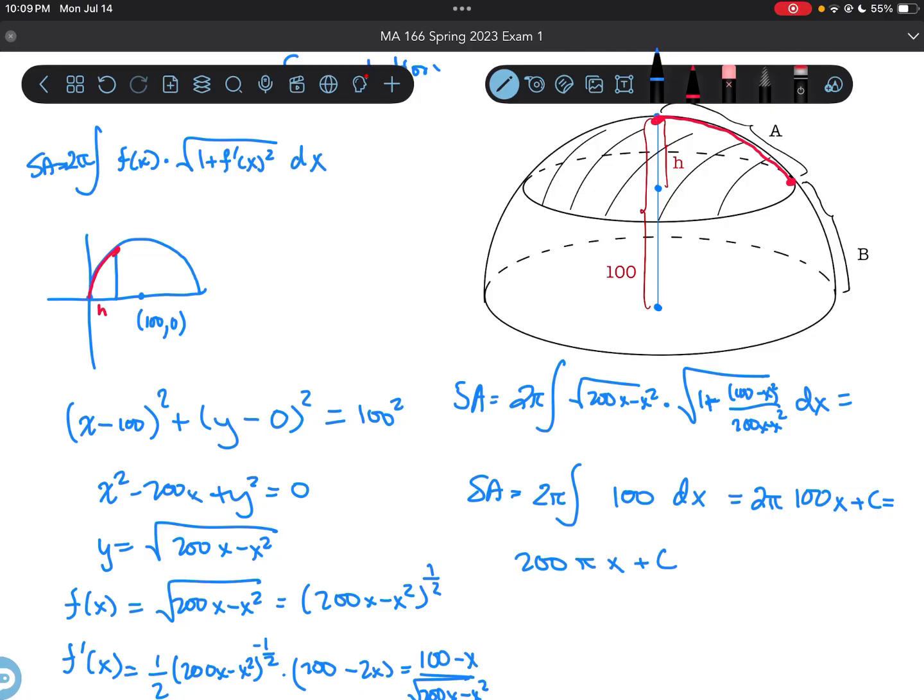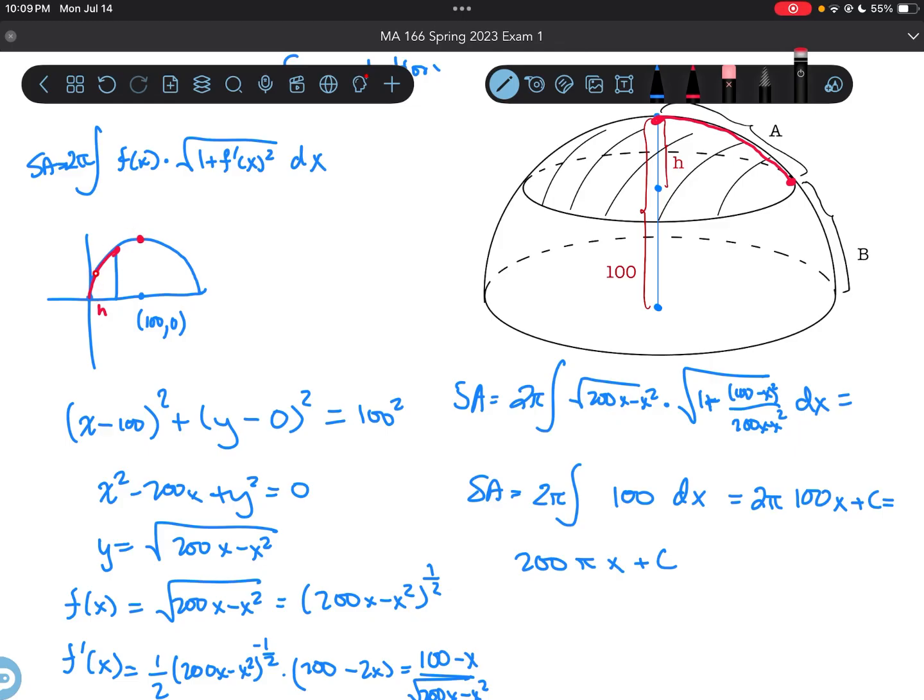And now all we have to do is consider the upper and lower bounds. We're actually going to have to do this twice. Once to find the area of this whole region over here.